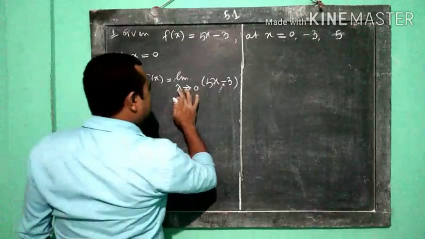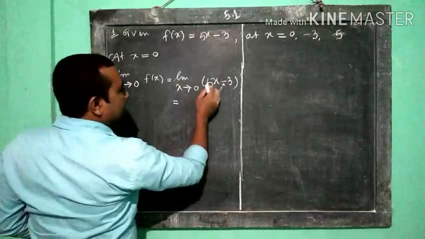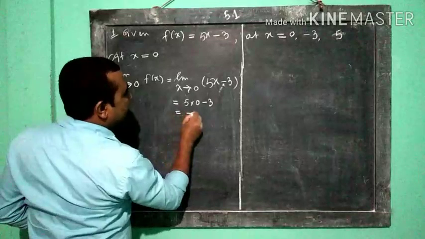If we put x = 0 in this function, then we get 5 into 0 minus 3, which is equal to -3.